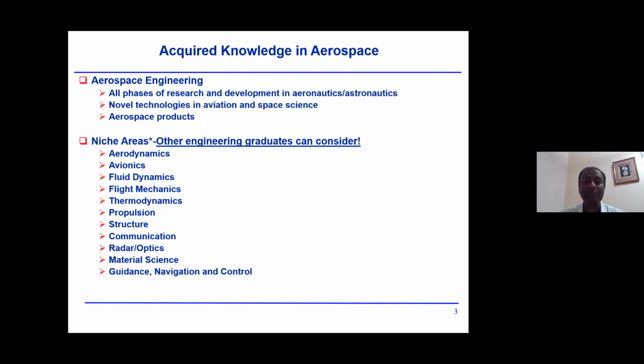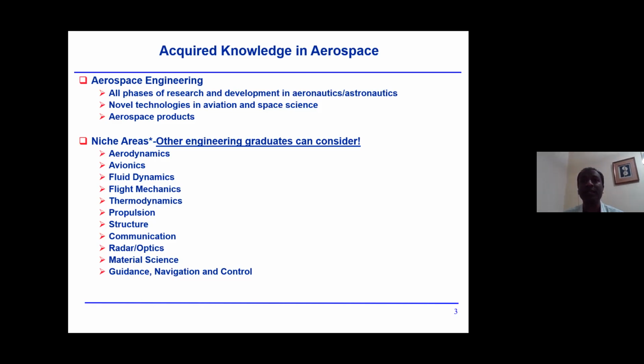Now, when you look at the subfields in aerospace itself, all these sciences and fields can also be participated in by other engineering graduates. For example, fluid dynamics: yes, we deal with fluid dynamics for aerospace engineering, but mechanical engineers can also work on fluid problems.